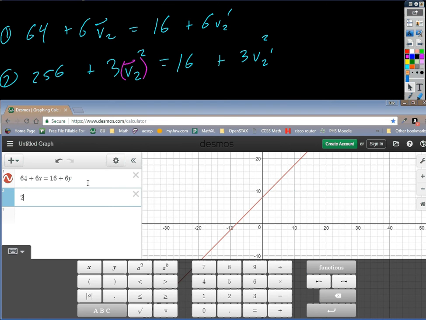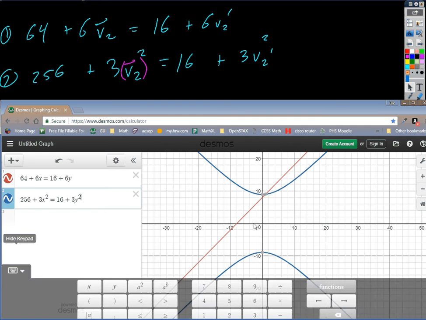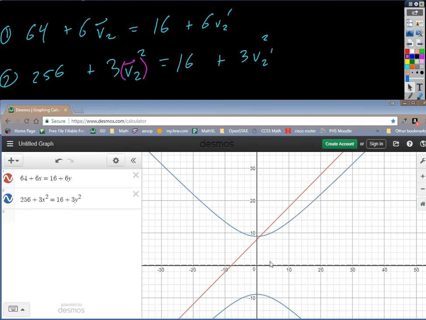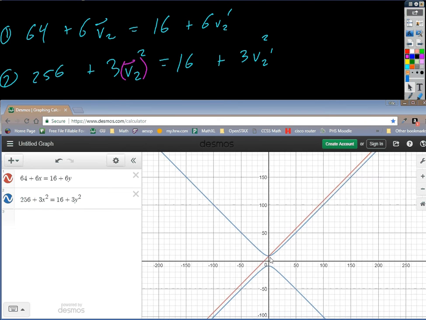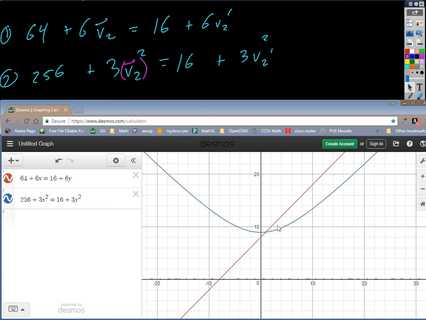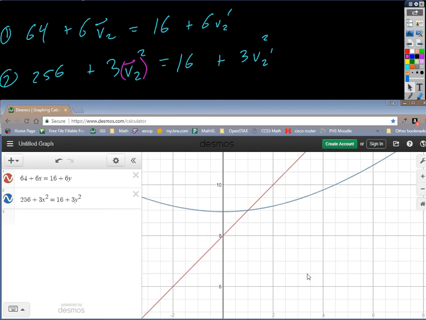Equation 2, 256 plus 3x squared, agreed, equals 16 plus 3y squared. Okay, and what I get in that case is a hyperbola, right? Where are the intersections of this thing? Notice there's only one intersection, and the intersection occurs right there.